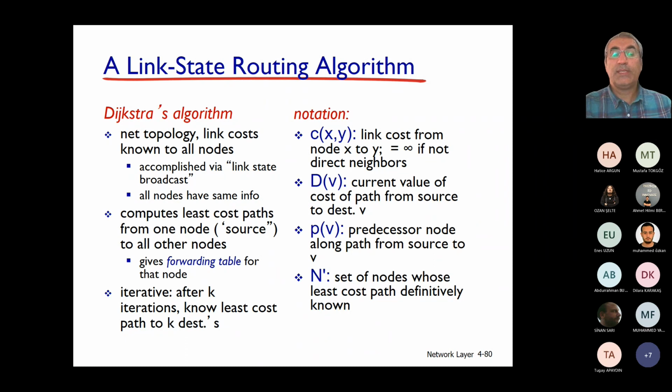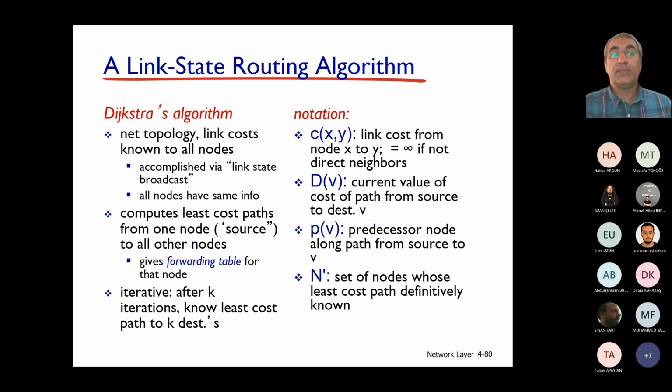In this case, all the routers, all the nodes in the network, know the network topology as well as the link cost information. This is achieved through link state broadcast, and all the nodes in the network have the same information. A node cannot have different information from another one.